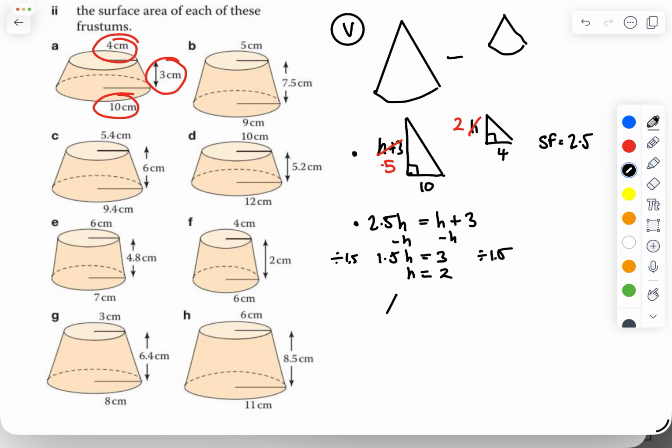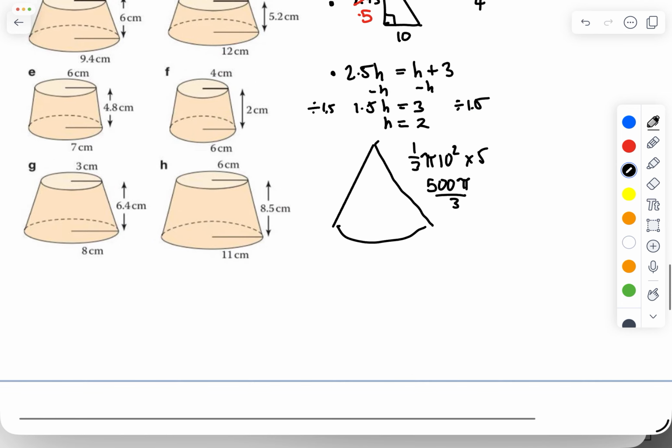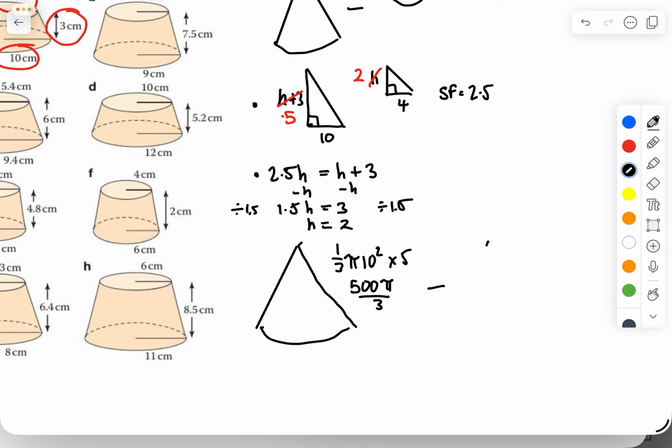Right, so the big cone would have been 1/3 pi r squared times height. So the big cone has a base radius of 10, so 10 squared times 5. Okay, and that gives me 500 pi over 3. I'm going to subtract the smaller cone.